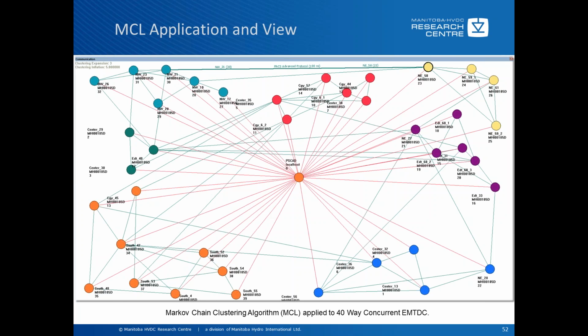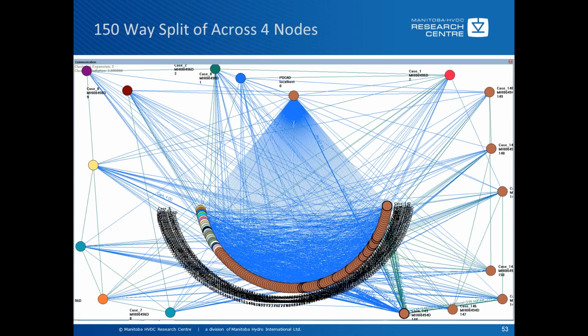If we stress test it further, here's the ultimate. This is the stress test where we ran on our 160 logical CPUs using InfiniBand. We stress tested 150 EMTDCs with about 12 connections per EMTDC to every other EMTDC.